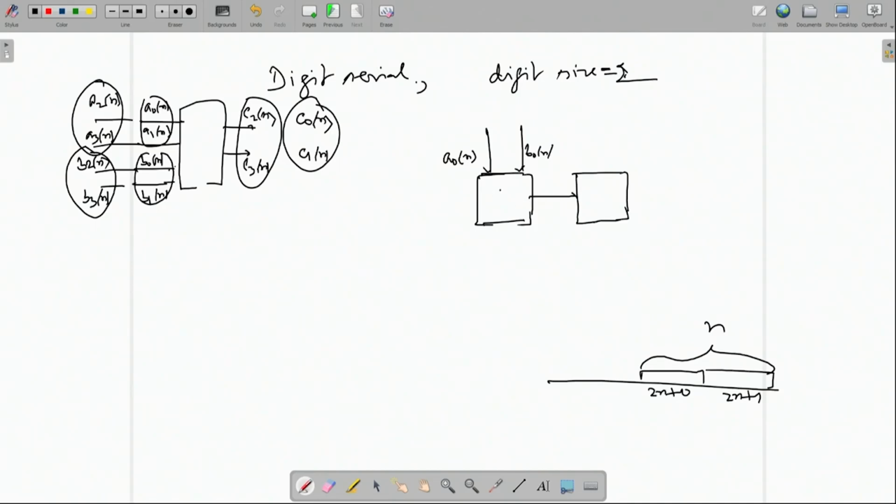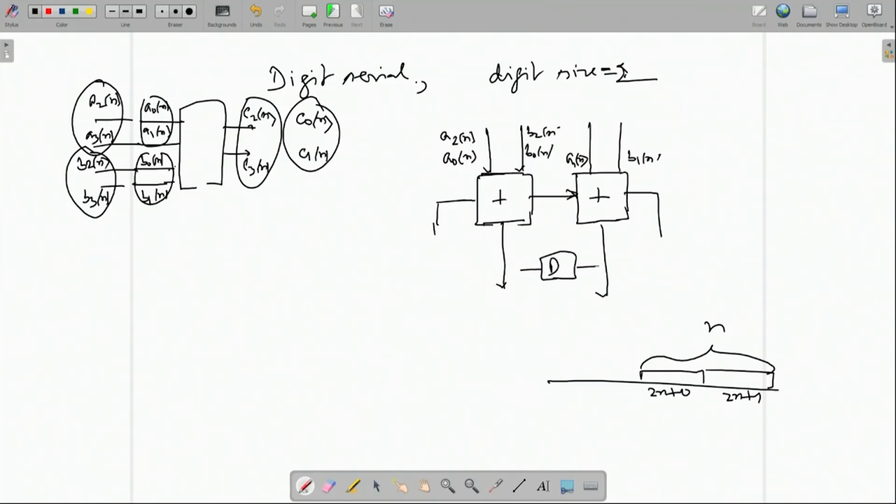Result will come out, this is a full adder, there is a carry input. So, result is coming out, but the carry out will then go to the next adder, A1 and B1. So, here I have got A1n and this input carry, the full adder, result will be generated. This carry will be stored, because in the next cycle when I have this addition A2n, B2n, that time this carry will be used. So, I put it in a flip flop.